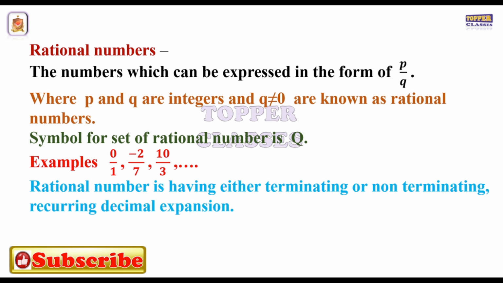You will get the answer 3.333, and the division will continue as long as you wish. The remainder will be 1 and the quotient will be 3.3333. It will keep on repeating. So it is a non-terminating and recurring decimal expansion.